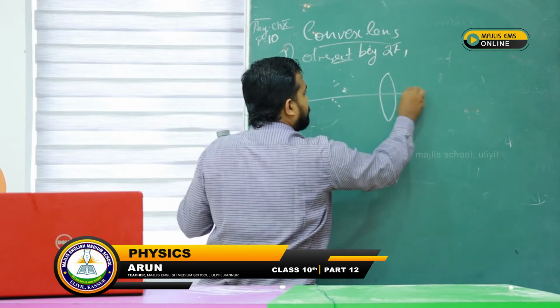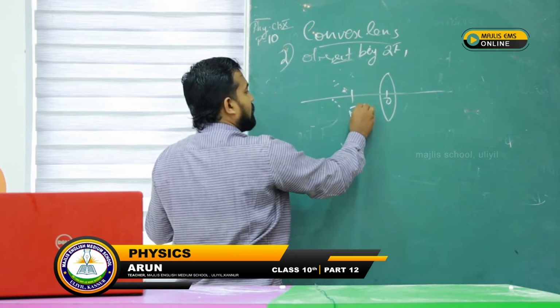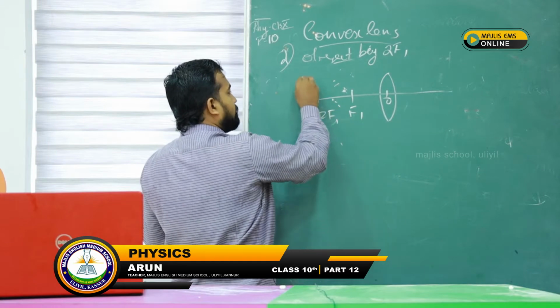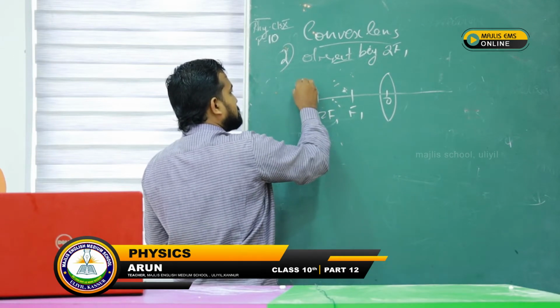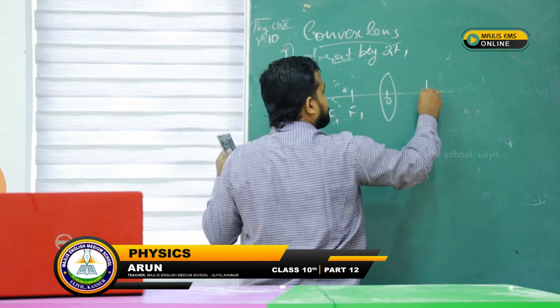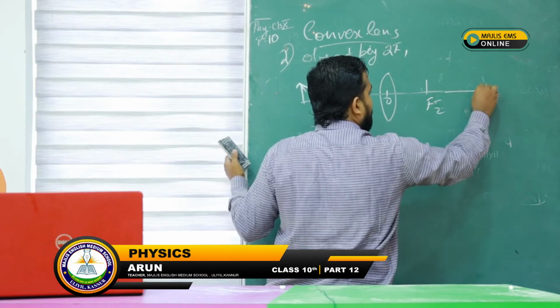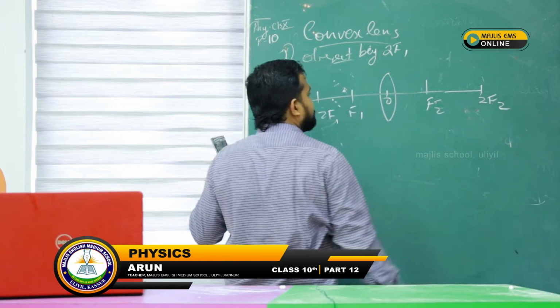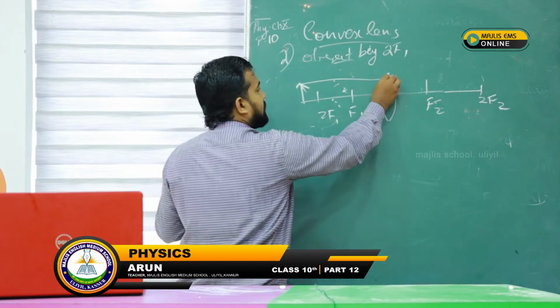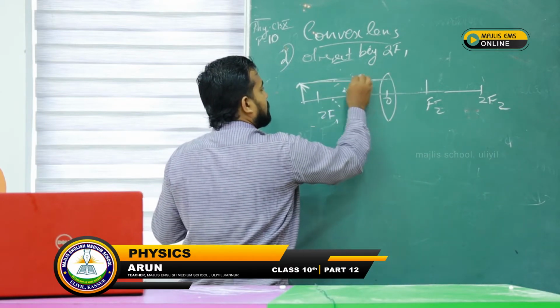The object beyond 2F1, what will happen? The object is kept over here. One ray will always be parallel. Let us take one ray parallel.